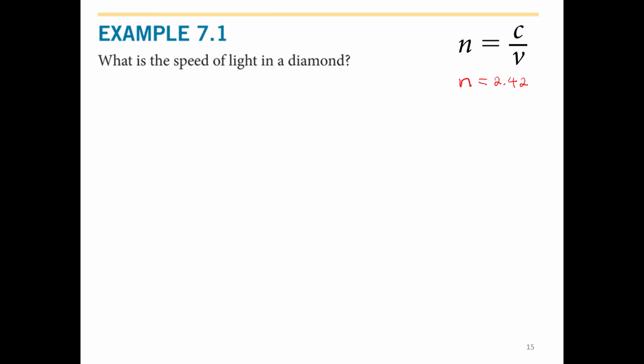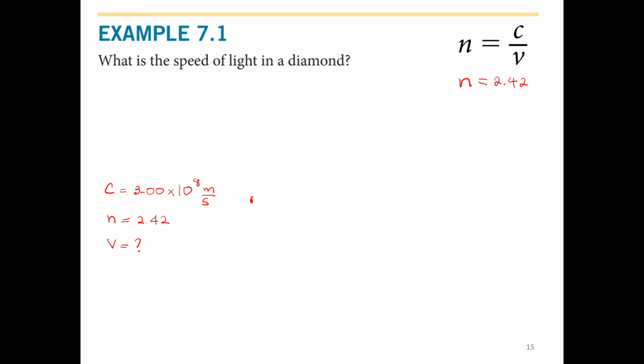Now we have all the information we need. c is a constant value, the speed of the light in vacuum, 3.00 × 10^8 meters per second. The index of refraction is 2.42. And we want to know the speed of the light in diamond.